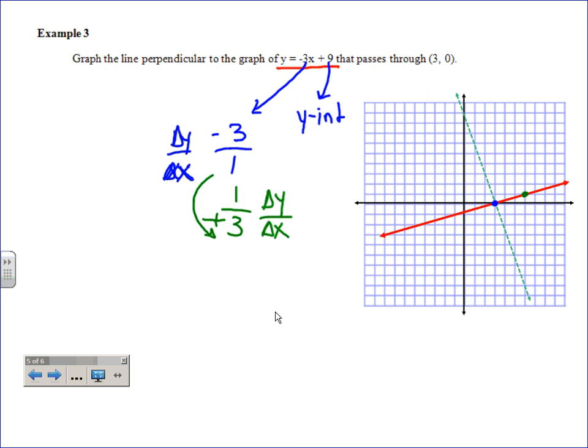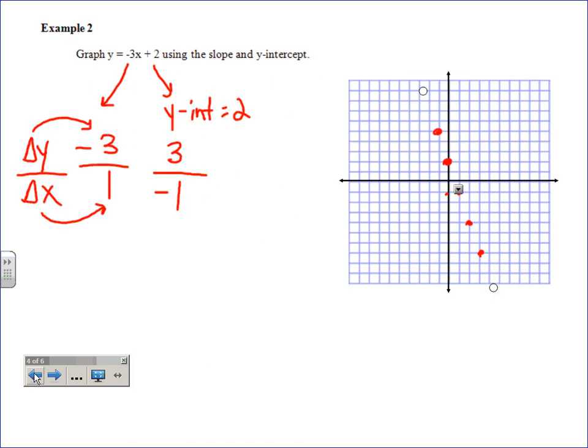Do you have any questions? No, I have one for you then. Is that red line in example 3 that I just had come up on the smartboard, would that red line be perpendicular to that red line that is in example 2? In example 2, I have a line that you drew, correct?